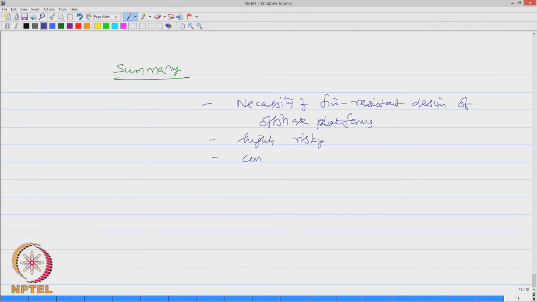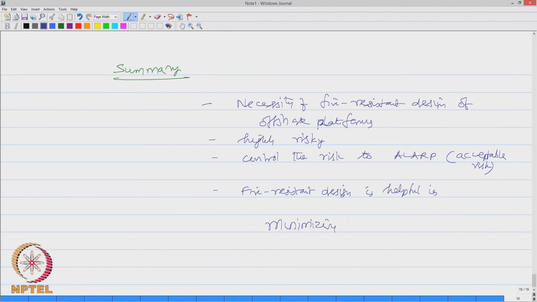We can only control the risk to an acceptable level like ALARP level, but we cannot attempt to mitigate the risk completely. So, fire resistant design is helpful in minimizing the loss. It cannot mitigate the loss. Please understand. Thank you very much.